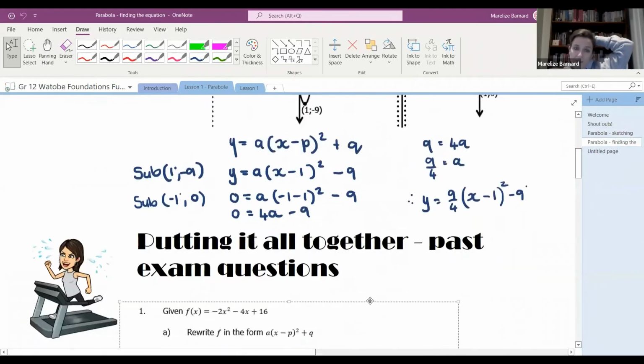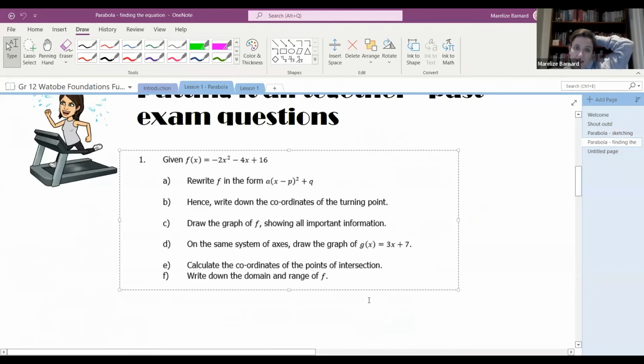The other way, back to our new question over here, is to complete the square and to put it into turning point form. I want everyone to try and do that. Those of you who were here for the analytical geometry, we did quite a bit of revision on completing the square. So have a go at it.